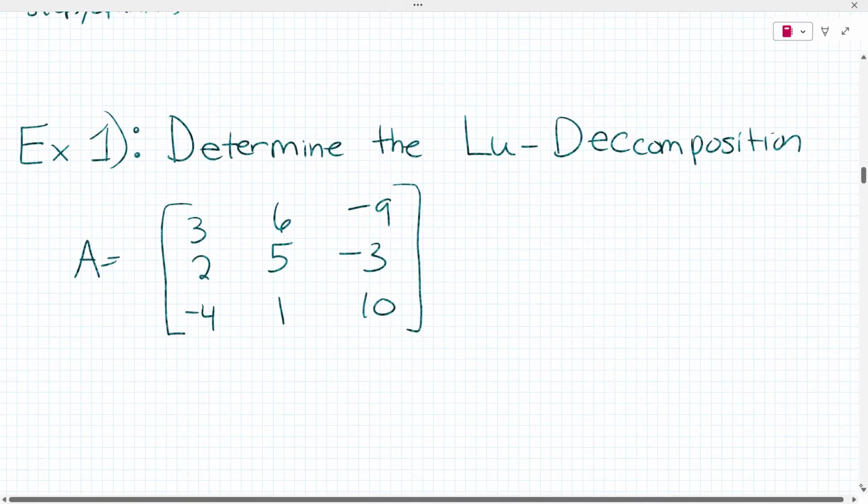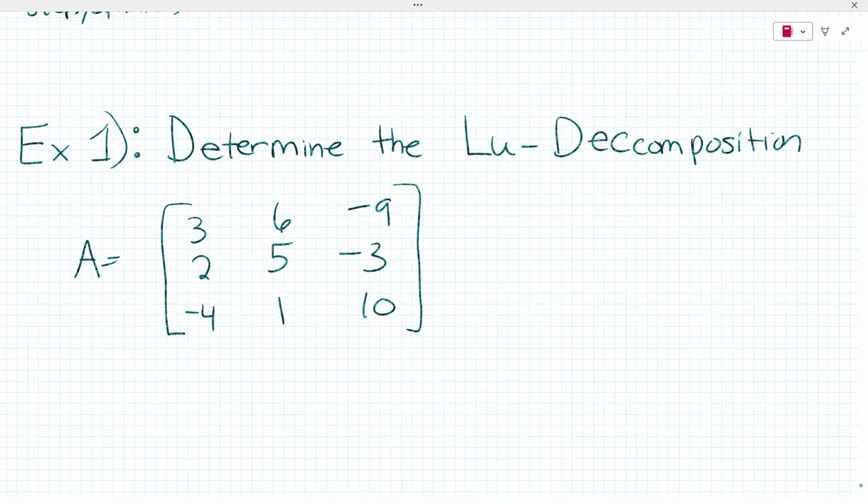Example 1 says determine the LU decomposition. So what you want to do is get zeros where you see this 2, -4, and this 1. You want the lower triangle to be zeros.